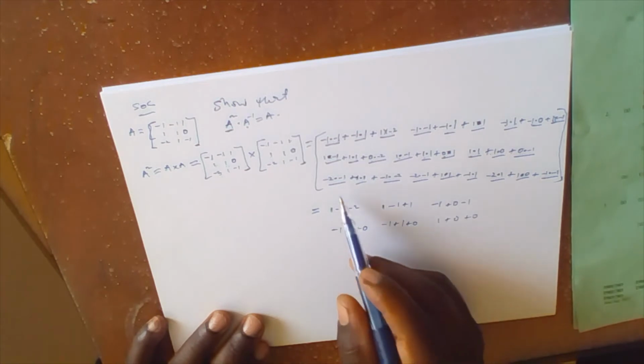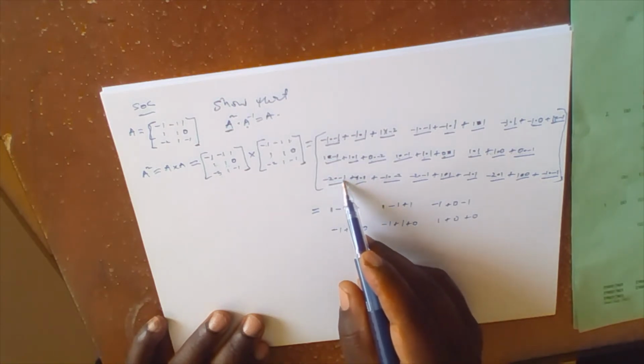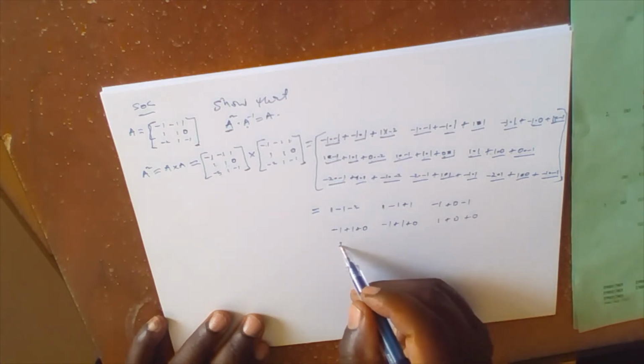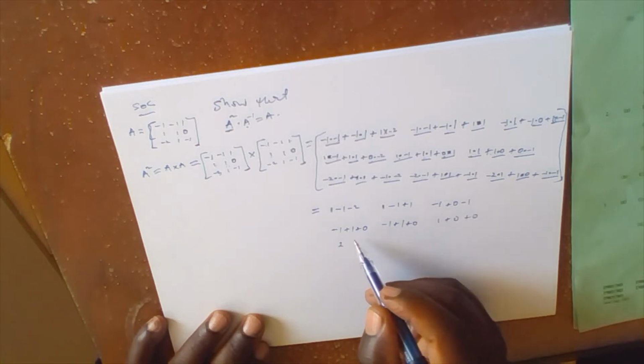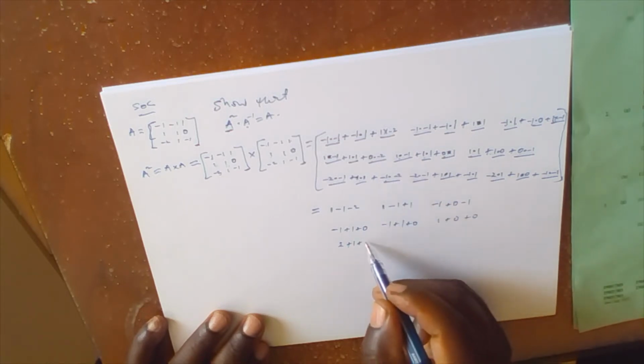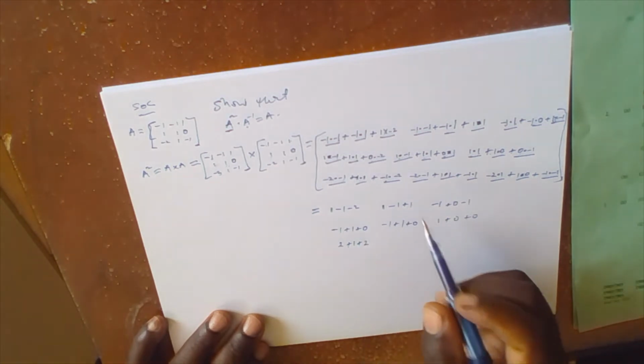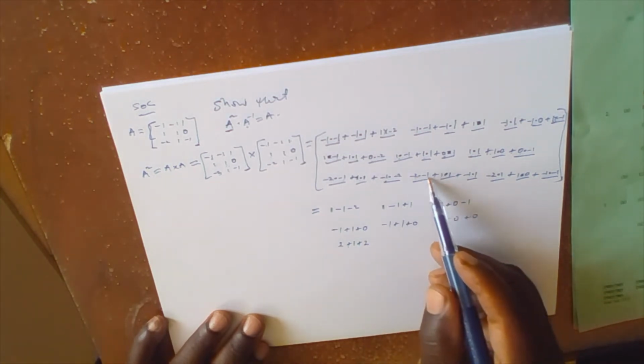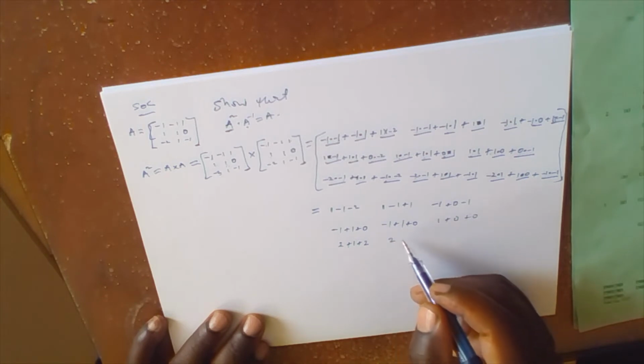Then negative 2 times negative 1, we have 2, plus 1 times 1, it will be 1, then plus negative 1 times negative 2, we have plus 2. Negative 2 times negative 1, we have 2.